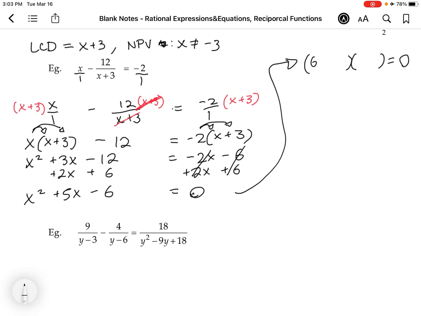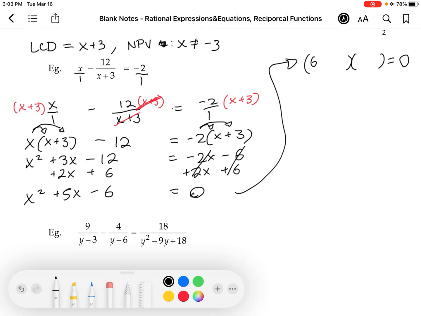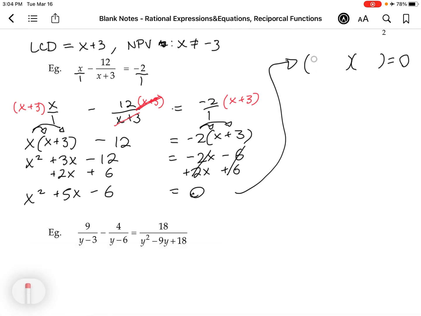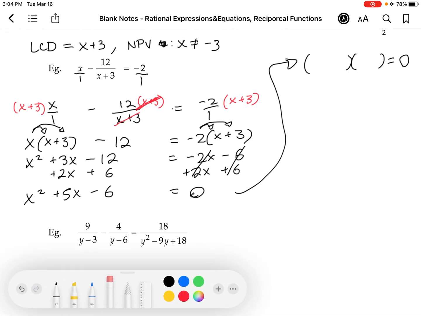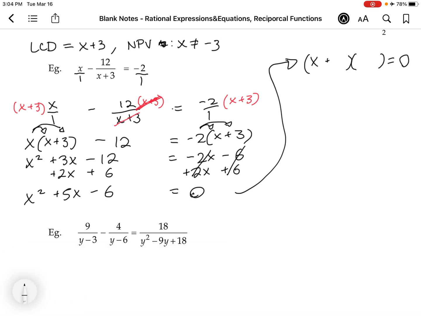And those numbers are 6 and negative 1. Whoops, I was thinking too fast. I was speaking ahead of writing. There we go. x plus 6 and x minus 1. Those two numbers will add to 5 and multiply to negative 6. And from the factored form, I can see the solutions to the equation are x equals negative 6 or 1.